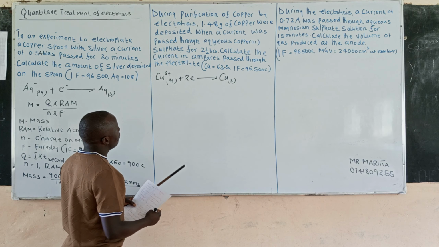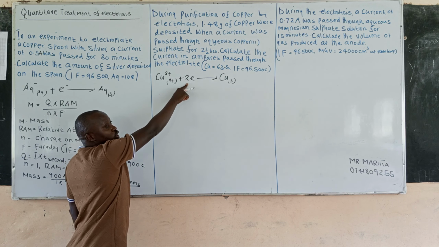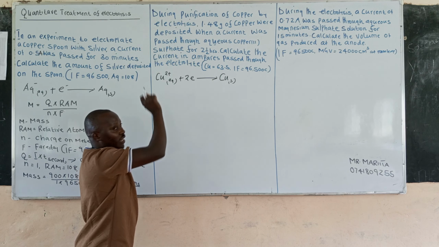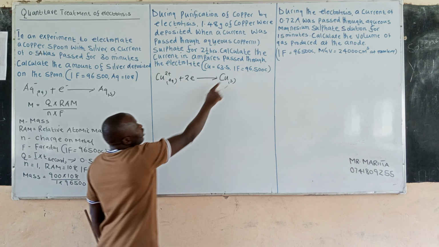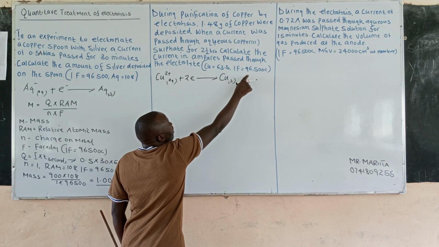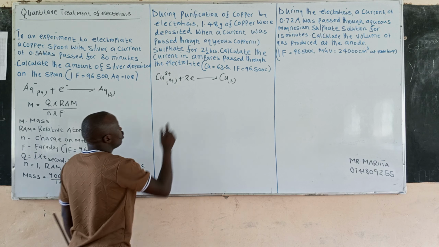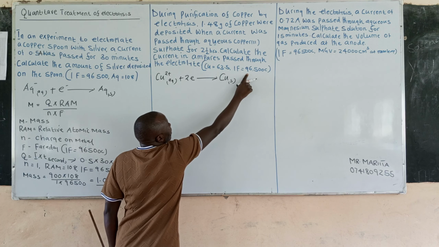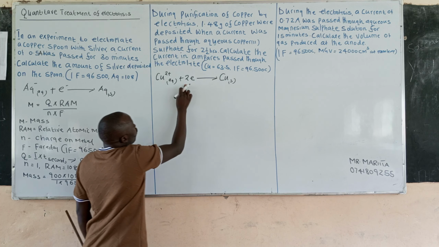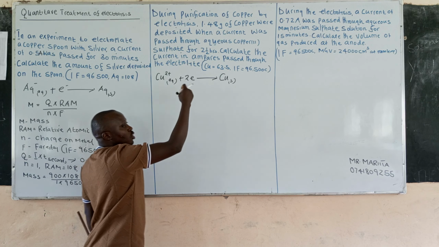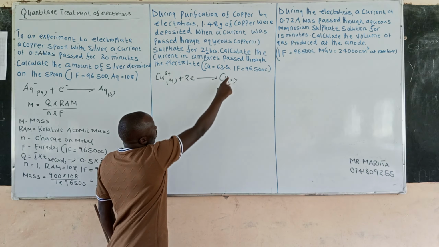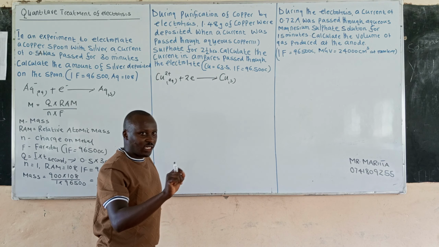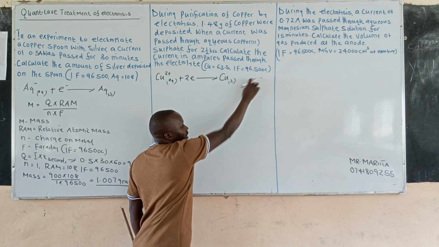So first we have that this one needs 2 electrons, it needs 2 Faradays to deposit 1 mole of copper on this side. And what we have been given here, 1 Faraday is equivalent to 96,500. Since 1 Faraday is the same as 1 electron, we can translate this as 1 electron is equivalent to 96,500.